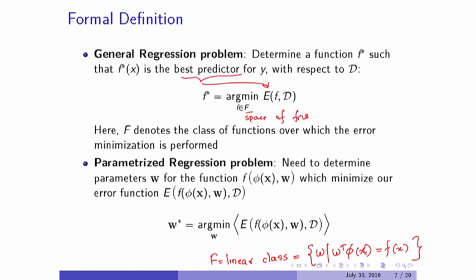A small note here, as far as linear regression is concerned, we might switch between the use of a bias in the linear function, and often we might even just drop that bias.